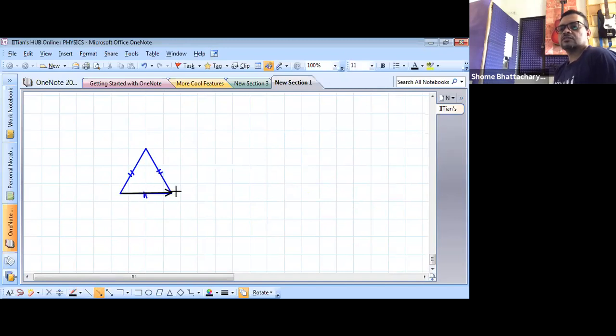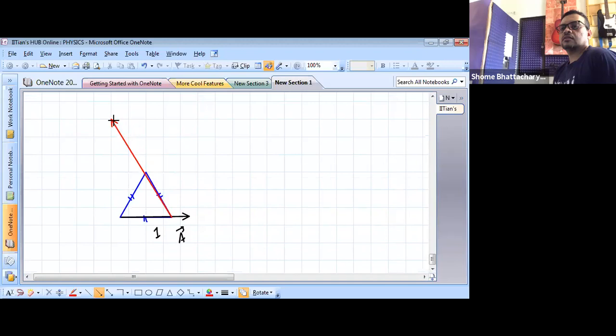So let's say this is vector A, suppose, lying along the first side, but its magnitude is unity. Then comparatively vector B is lying along this side, but its magnitude is not the same, it's 2 units.